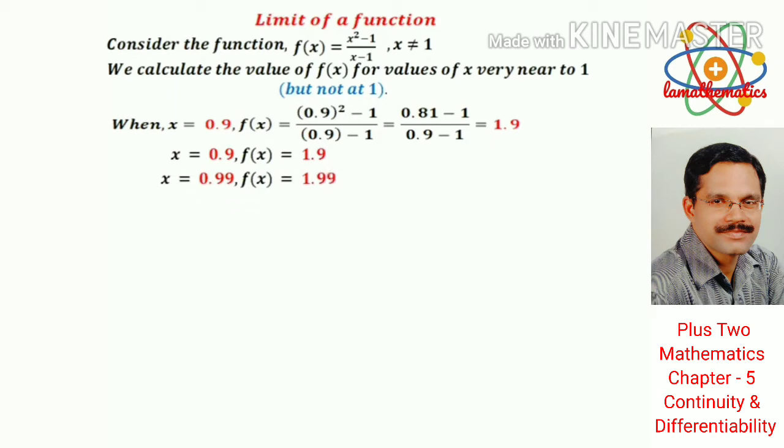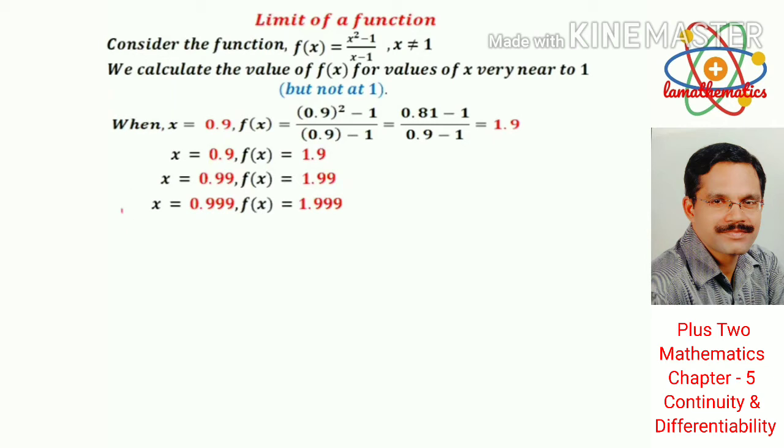When x equal to 0.99, we can calculate f of x equal to 1.99. Also, when x equal to 0.999, f of x equal to 1.999.